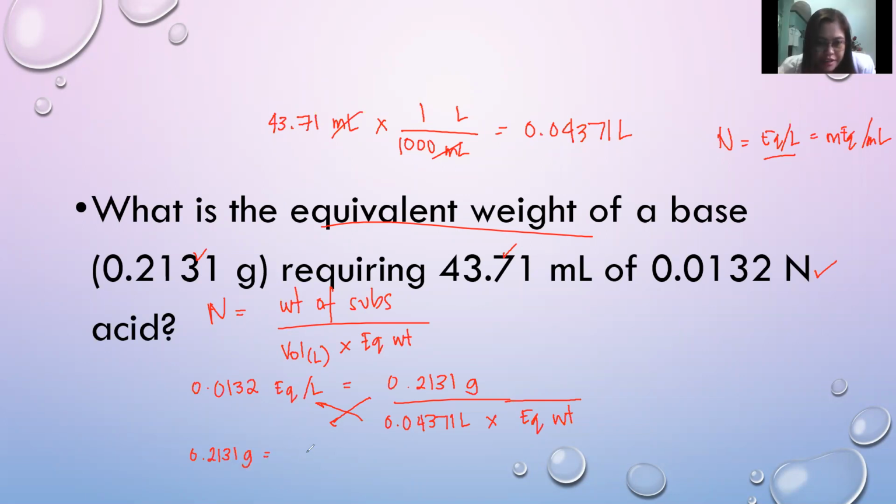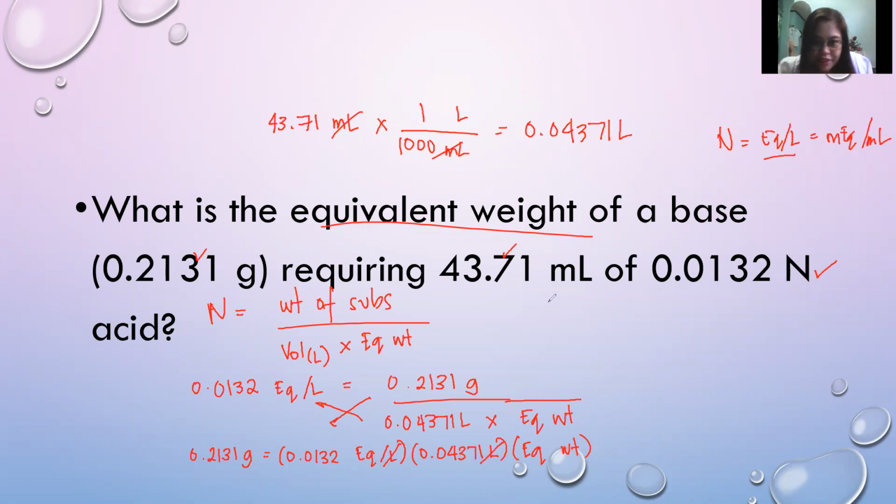And on the other side, you will have 0.0132 equivalent per liter times 0.04371 liters times the equivalent weight. So when we multiply this, class, liters will cancel.